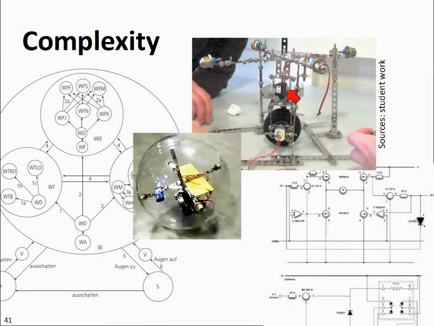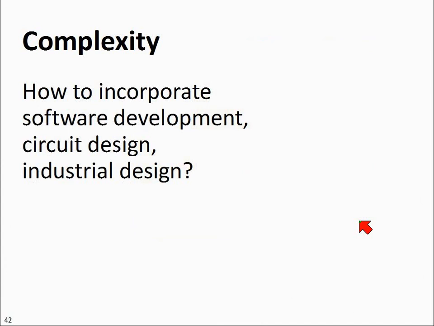So this means mechanical design, this means lots of software engineering and even electronics. And that's really complex. So I guess that's pretty much what Inzok also talked about. How do you connect all of that in one single curriculum? Software development, circuit design, and industrial design, and maybe even mechanical design.